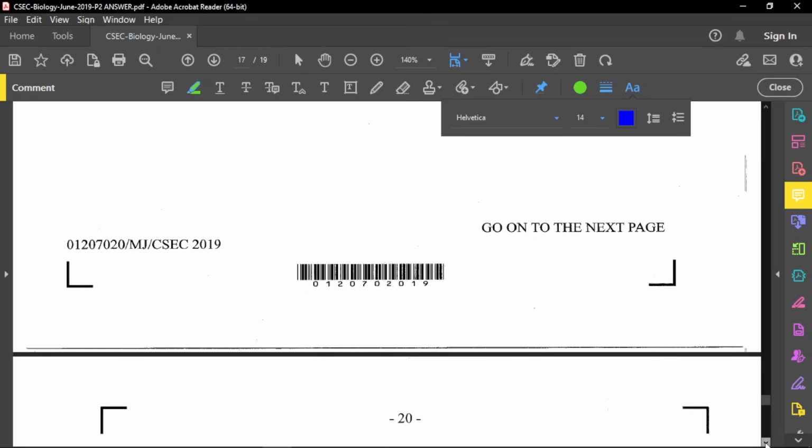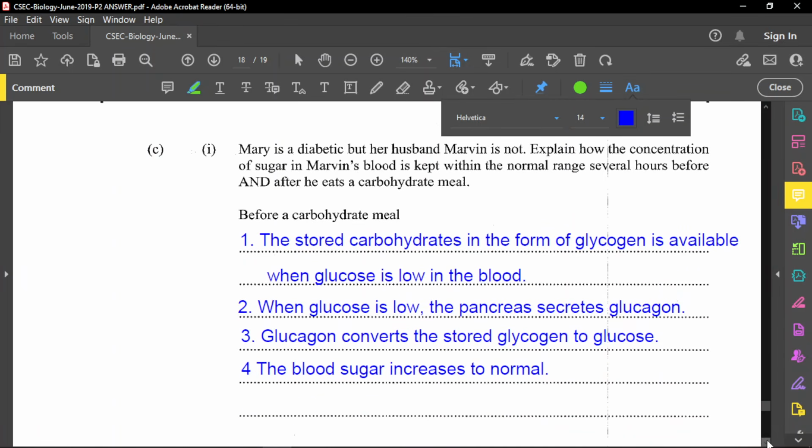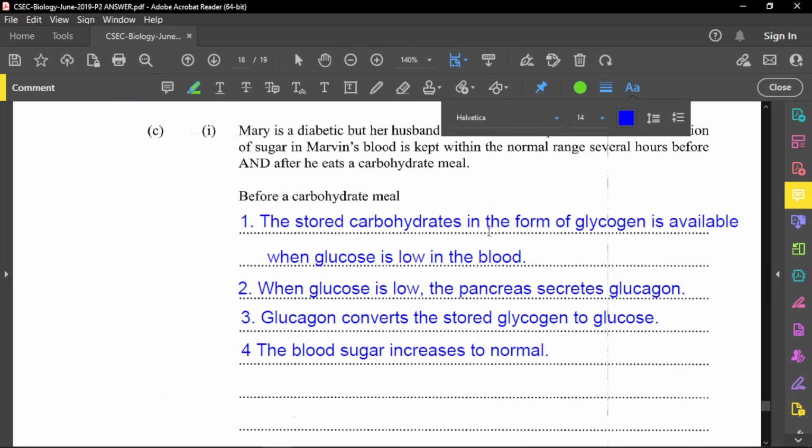All right, and so we are on part C. It says Mary is diabetic, but her husband Marvin is not. Explain how the concentration of sugar in Marvin's blood is kept within the normal range several hours before and after he eats a carbohydrate meal. And so before he eats the meal, what happens here is that the stored carbohydrates in the form of glycogen are available when glucose is low in the blood.